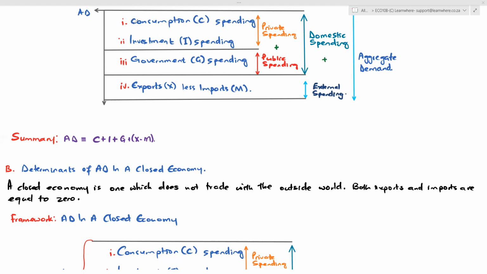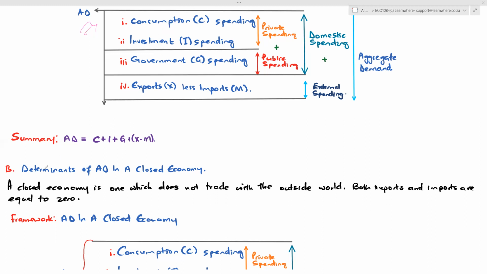If they spend more, it means aggregate demand is also going to increase. And when aggregate demand increases, then income or production, according to the Keynesian model, is supposed to increase as well.